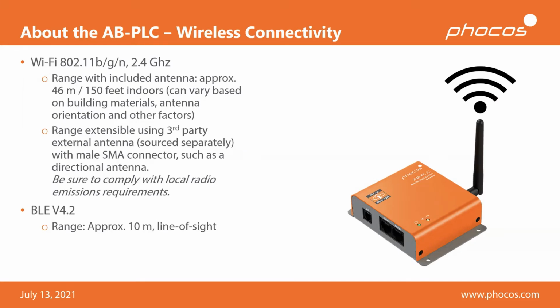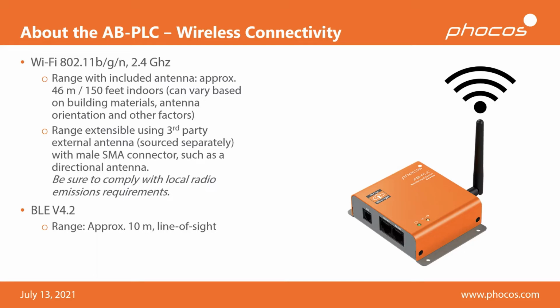So continuing with the wireless connectivity, as I've mentioned, we have Wi-Fi. We support the B, G, and N standards at 2.4 gigahertz. So if you're using the Wi-Fi functionality, do make sure that you have a 2.4 gigahertz network to connect to. The range with the included antenna is approximately 46 meters, which is about 150 feet.